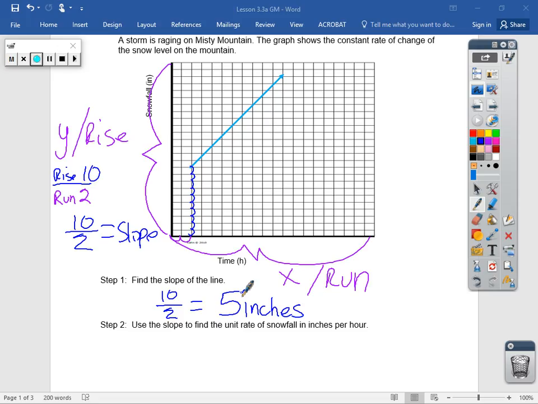So now I have to find the unit rate of snowfall in inches per hour. Well, let's see, my time here, I have 2 hours.